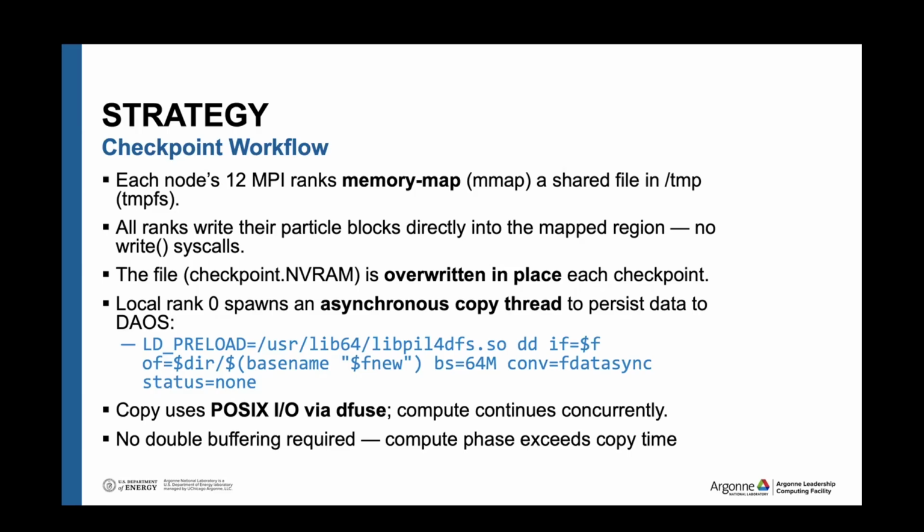This is something that we specialized for Aurora, but based on the pattern that we used on Frontier. So we overwrite a shared file that's in tmpfs, and we set this up with mmap to avoid having to go through POSIX system calls.